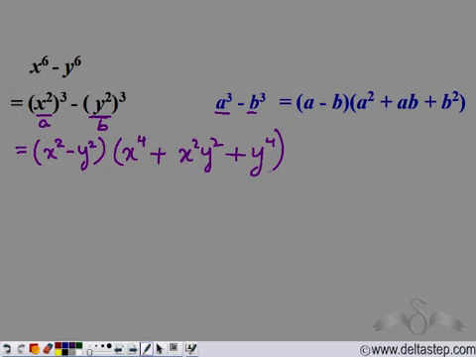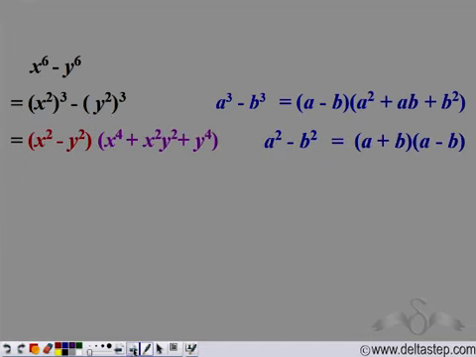This is what we have. Now this is x square minus y square. We can factorize it using a square minus b square.